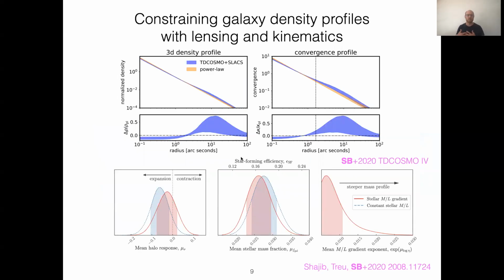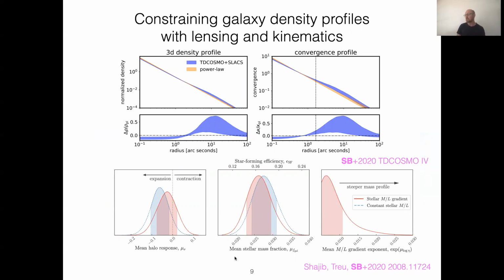And so to highlight here what people have also asked me in the collaboration, how we can interpret these results and what we have since then done. The top here are the constraints on the mass profile derived from TDCOSMO 4.